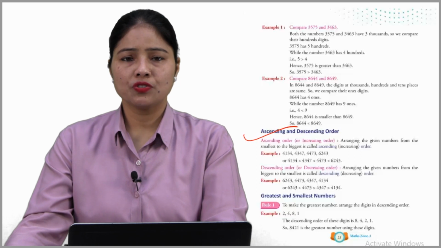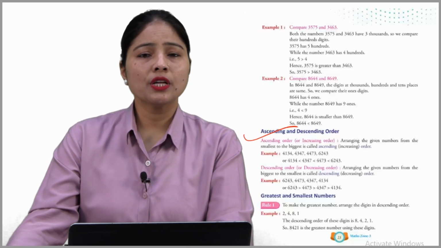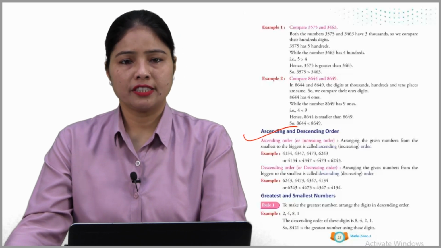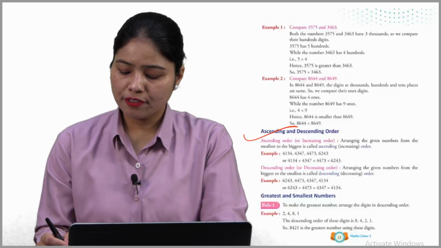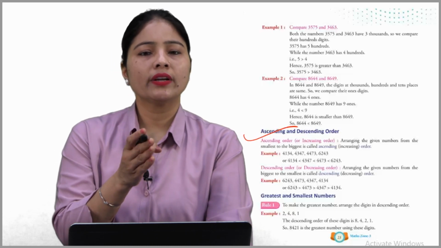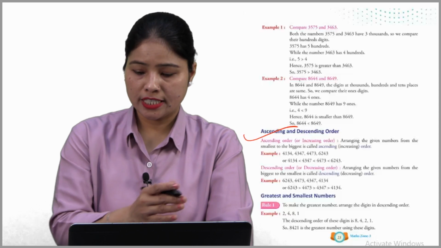Example: 4134, 4347, 4473 and 6243. We already know which number is bigger. So it is clearly seen that 4134 is our smallest number.